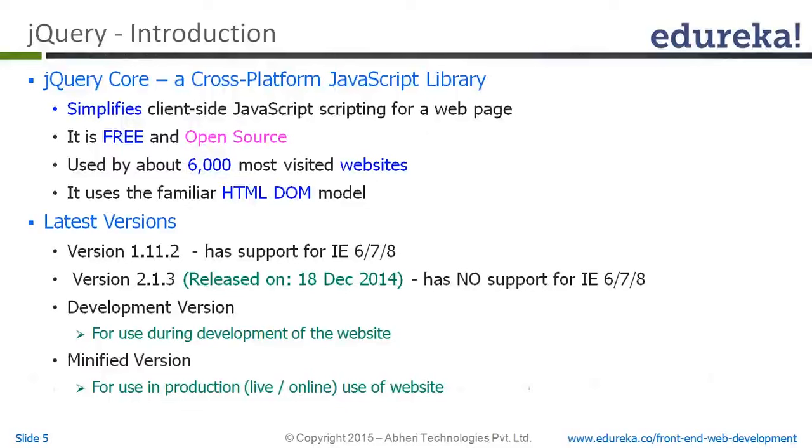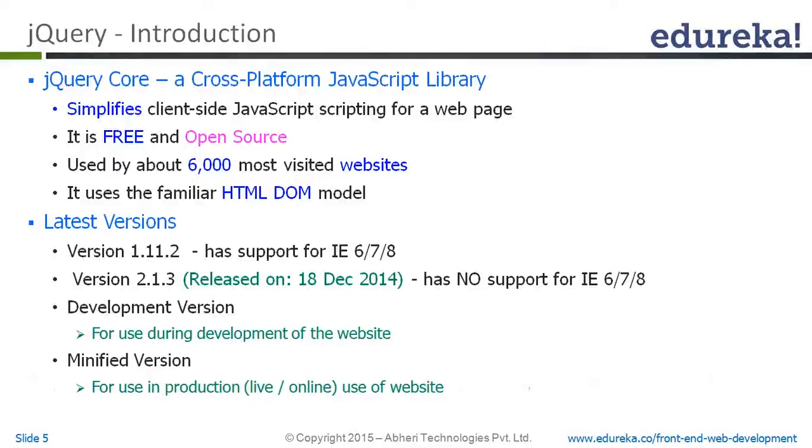We'll have a brief introduction about that in later slides as well. Note that there might be some overlap between these three libraries: jQuery Mobile, jQuery Core, and jQuery UI. But once you know jQuery Mobile and jQuery Core, you'll be able to use the other libraries as well with ease.